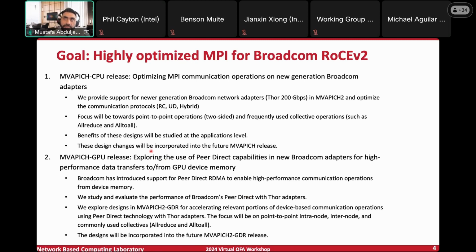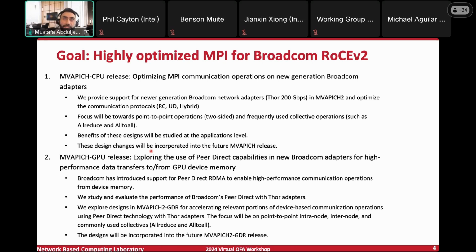Until this phase of collaboration, we have been doing tests up to 200 gig Ethernet speed with Broadcom Thor. We have focused on enhancing the point-to-point operations, the two-sided point-to-point operation per se, and also the frequently used collective operations, specifically all-reduce and all-to-all. And we've studied the benefits of these enhancements at the application level.